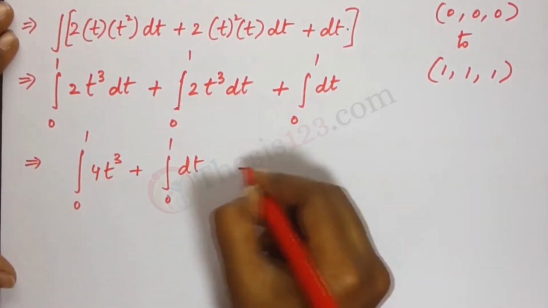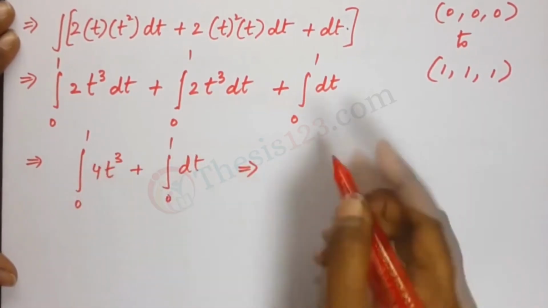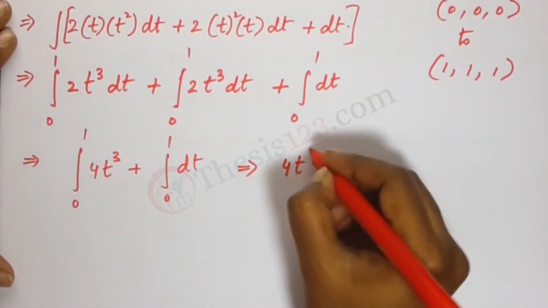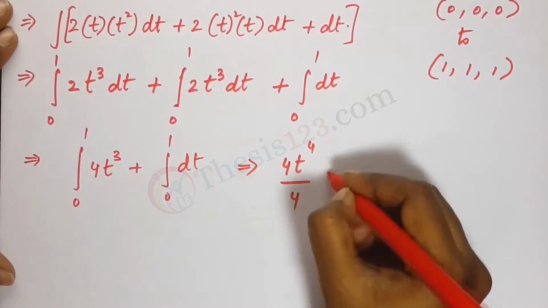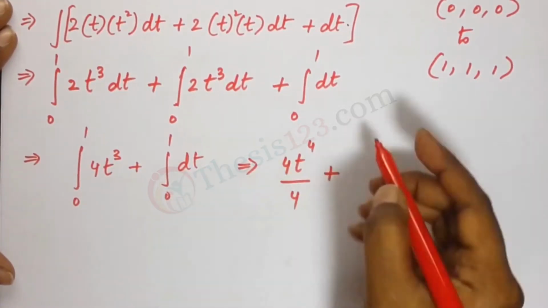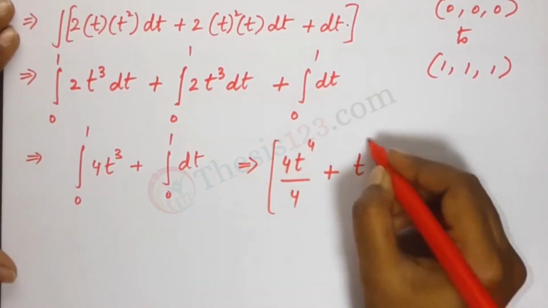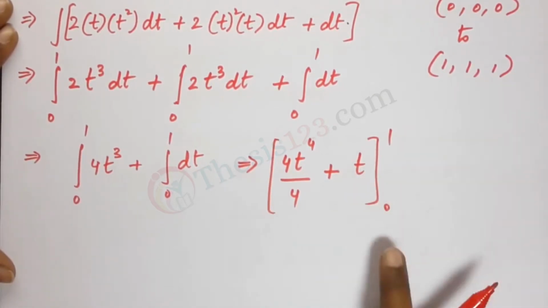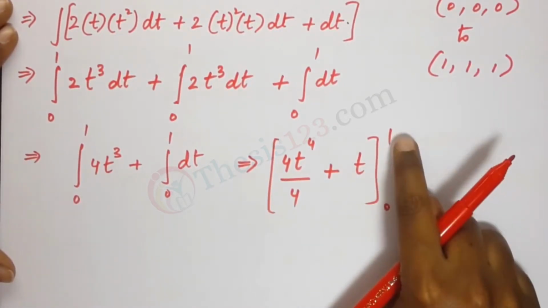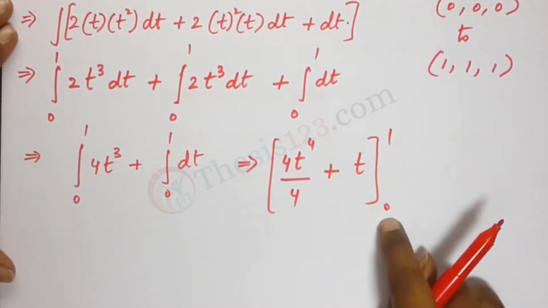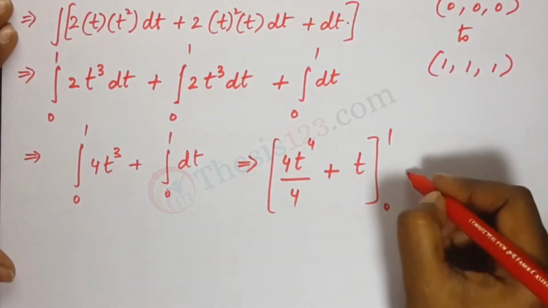Now we find the integral. So the integral of 4t cube is 4t power 4 by 4 plus integral of dt is t, and all of this from 0 to 1. So we evaluate, we can ignore the value at 0 because anyway it's going to come to 0.